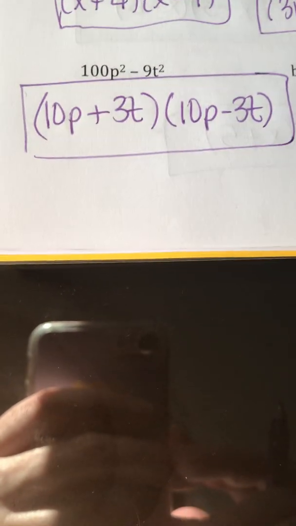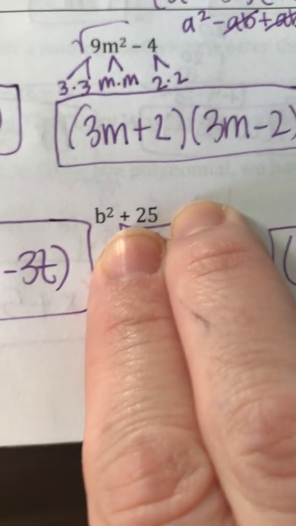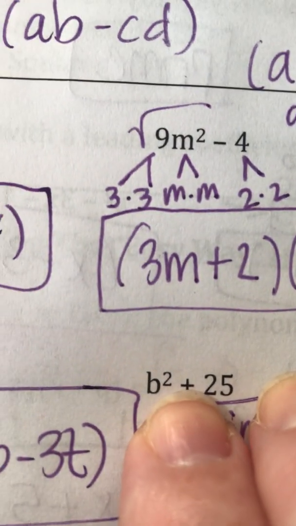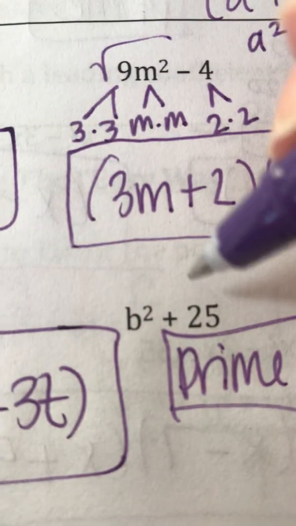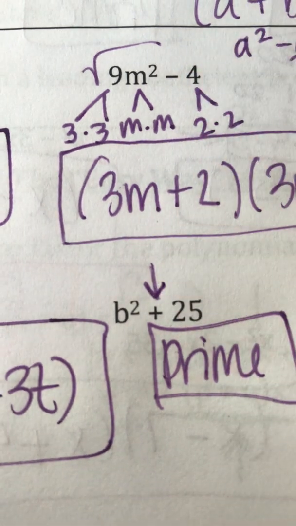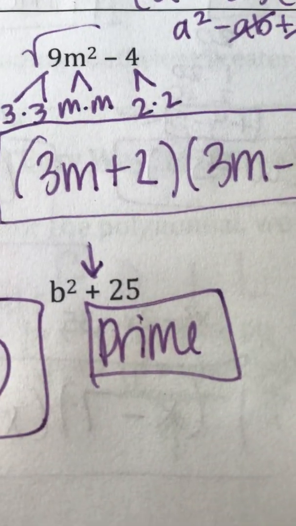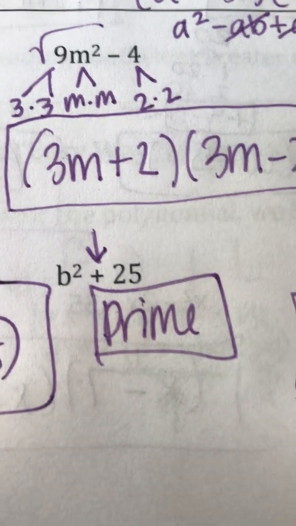And this one here. Now the next one's a little bit tricky because if you look here, we have b squared and 25, but in the middle here, we don't have a subtraction sign, we have an addition sign. So this one actually ends up being prime, okay?